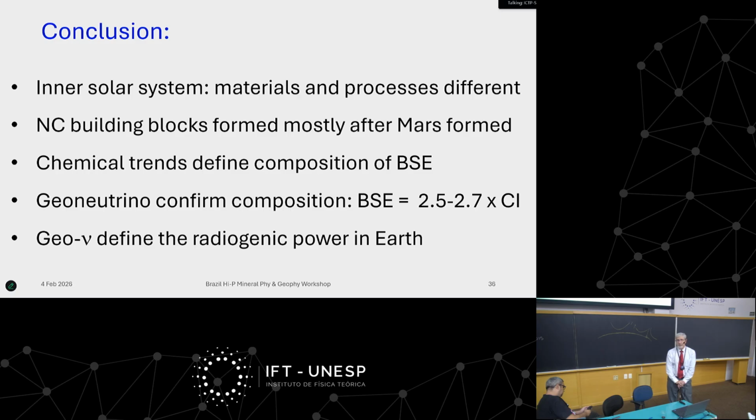Neutrinos have come along in the last 20 years, and they have helped to confirm that the absolute concentration of the refractory elements is 2.5 to 2.7 times C1 chondrite. And they confirm the models that we've built previously. So there is a coherent answer between neutrino measurements for the Earth and geochemical evidence for the Earth. Thank you.